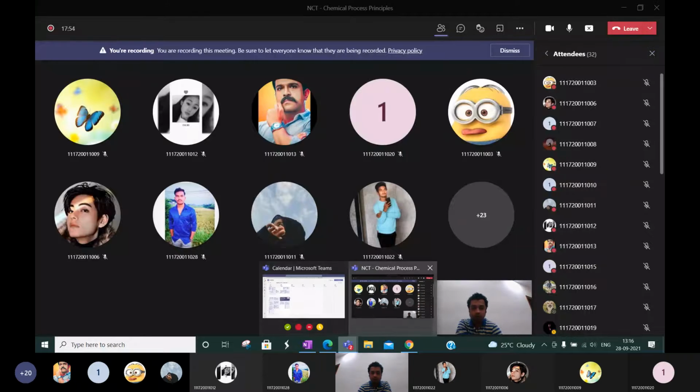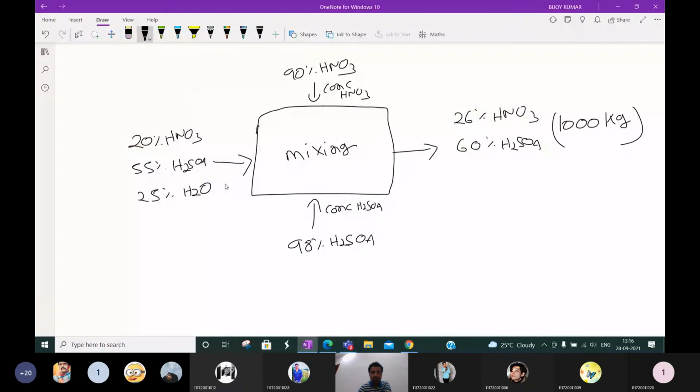Okay. So the question is, you understand this question first. Next, we have to solve to find out what this amount and this amount are. In this mixing tank, or in this process, what is the product? The product is this one, and we have three feed streams. Suppose this feed stream is F1, this is F2, and this is F3.